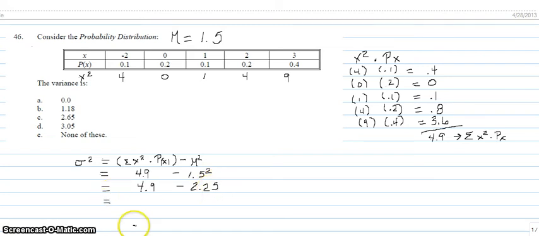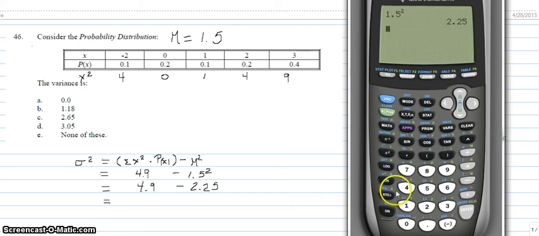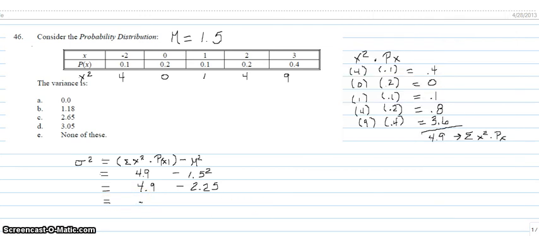I will show this on the calculator, although I know most of us can do this in our head. 4.9 minus 2.25 equals 2.65. So in this case, our answer is C, 2.65.